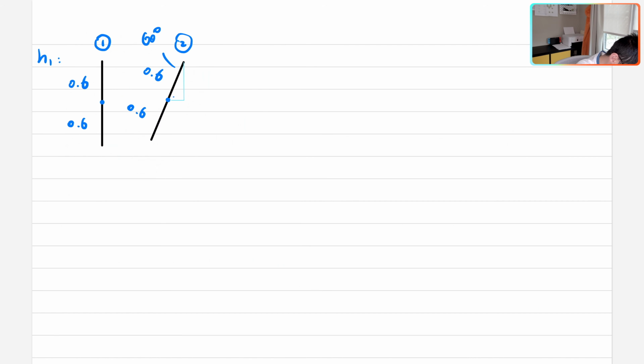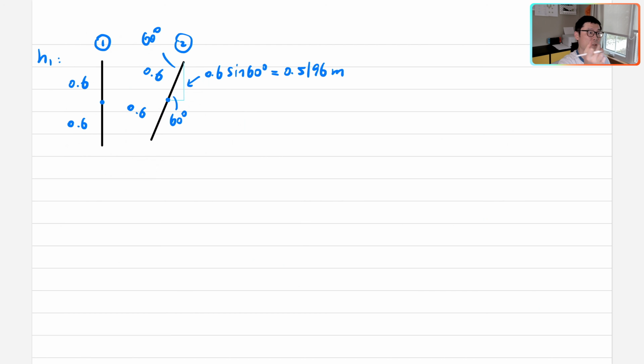That makes this part 60 degrees. So this part is 0.6 sine 60 degrees. Okay, do the calculation here: 0.5196 meter. It was 0.6 from top. Now it is 0.5196 from top, measured from top.